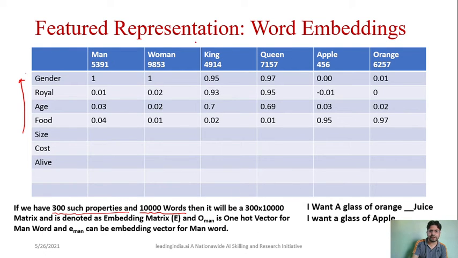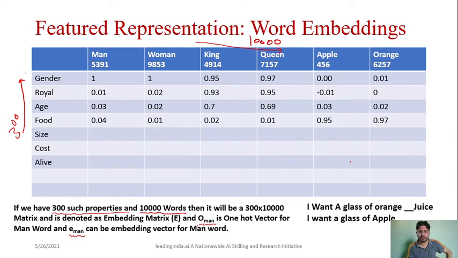So you can say here we have 10,000 words, and here we have 300 properties. So then this matrix size will be 300 cross 10,000. Now what you will do is pick any of these words, and this will represent the entire word. So from a one-hot vector, which is represented by O of man, the embedding is represented by E of man, right? So in that way you can pick the things.